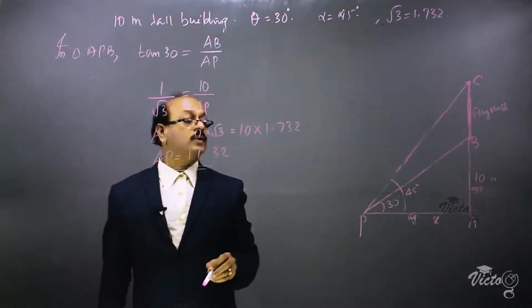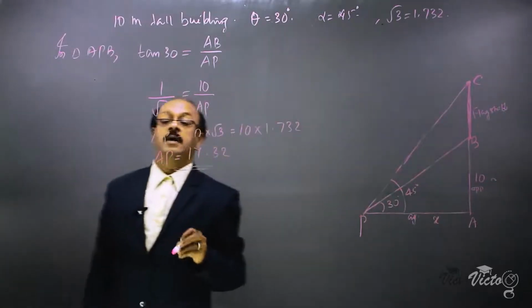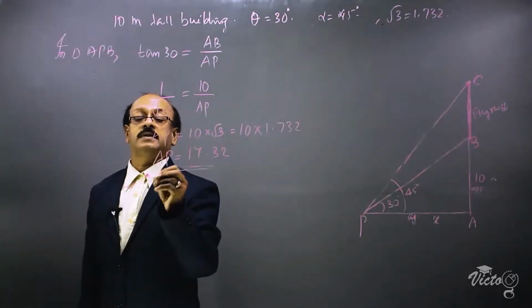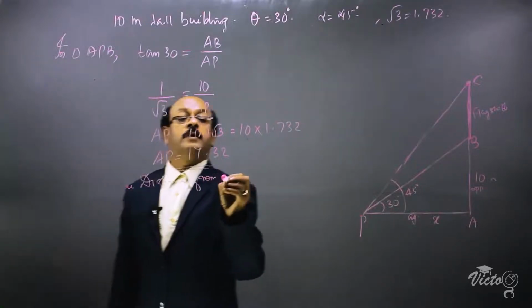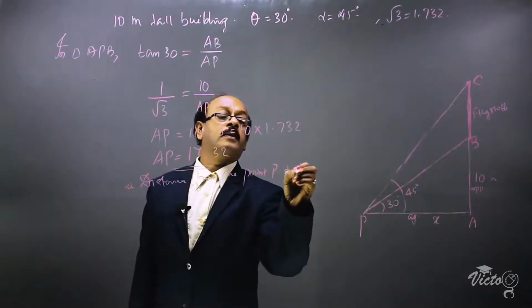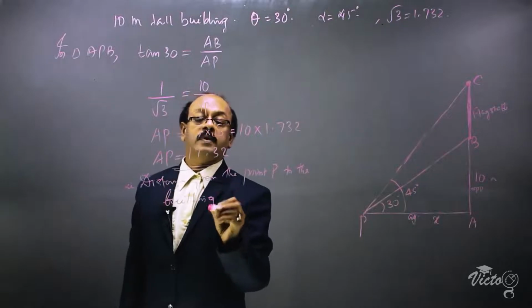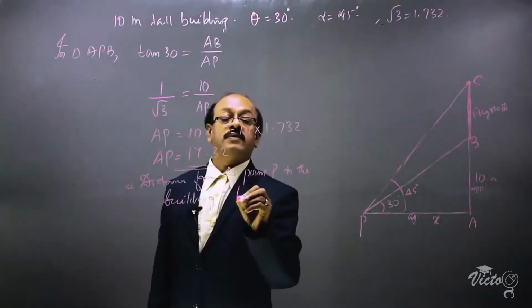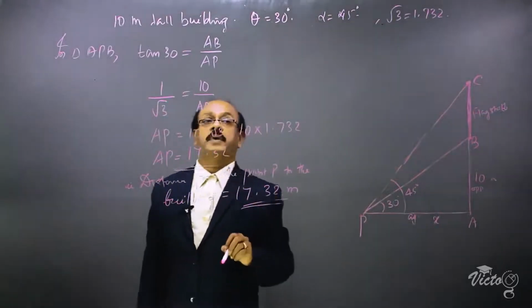That is the length of AP. That means distance from the point P to the building is 17.32 meter. One answer we obtained.